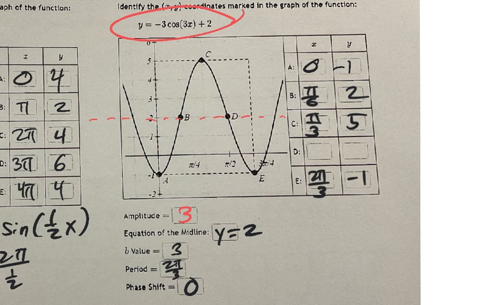So if we're increasing by a sixth, this would be 0, 1/6, 2/6, 3/6, otherwise known as a half. And we can see that one lines up exactly on pi over 2.